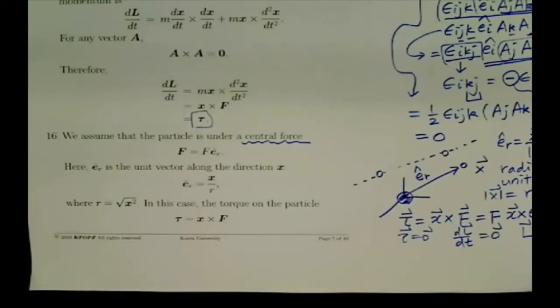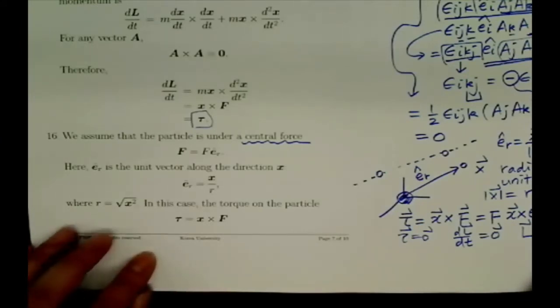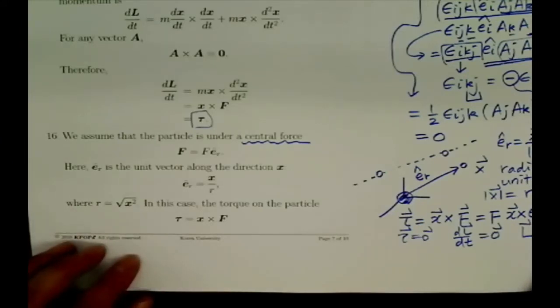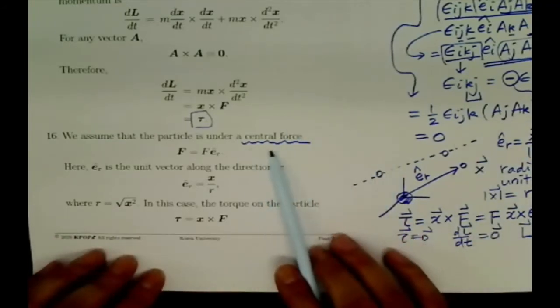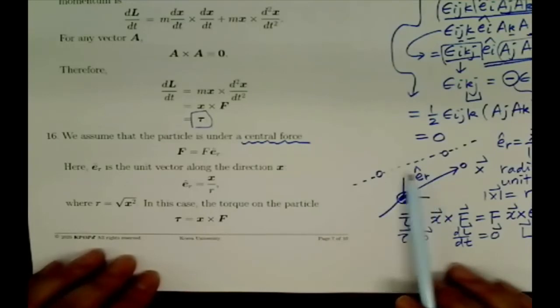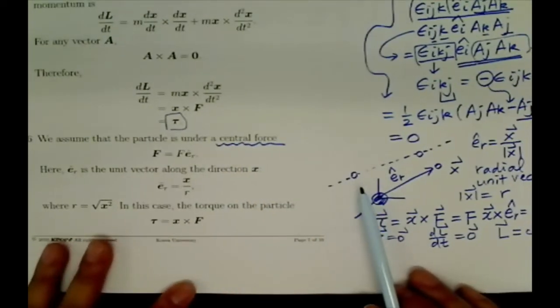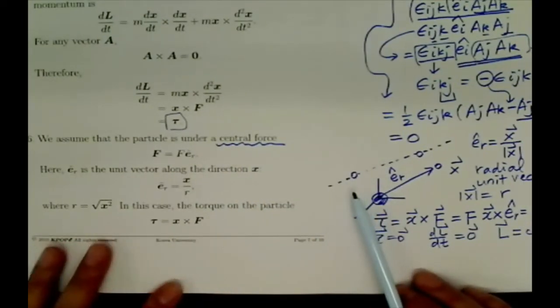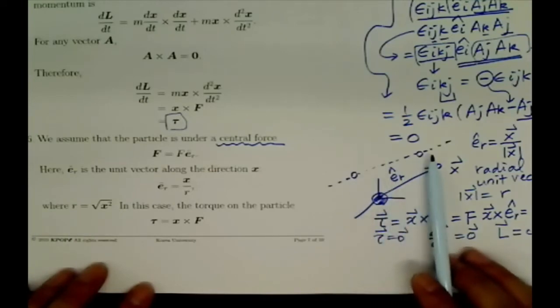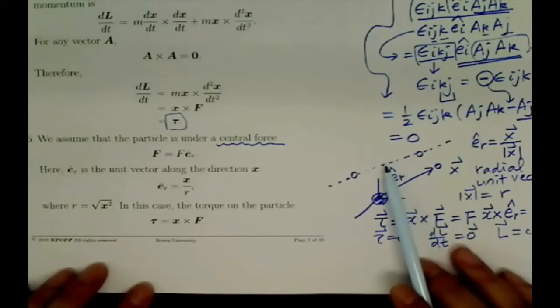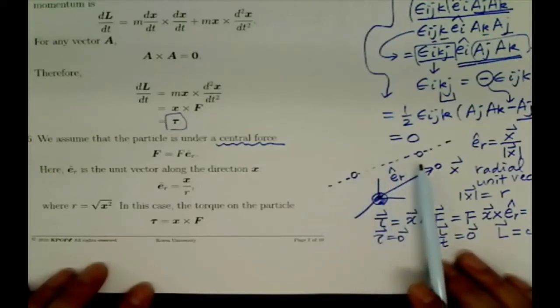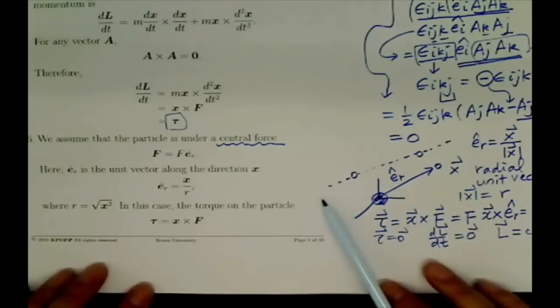The torque equation can also be used to identify the total angular momentum conservation in the case of a central force. A central force is one where, considering the interaction between two particles, the radial direction e_R is parallel to the line connecting the two interacting particles.